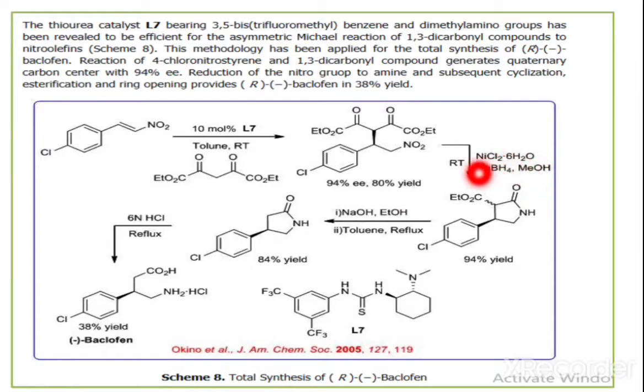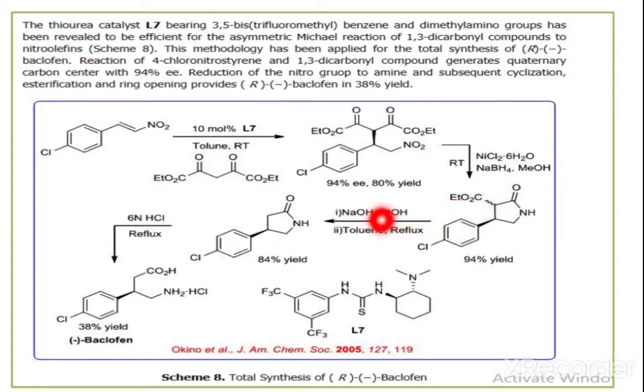Now the simple reduction, that means NO2 is reduced in the presence of NaBH4 and we get the NH2, and here simple cyclization gives this product in 94% yield. Then on treatment with the base, the ester will be converted into the acid.